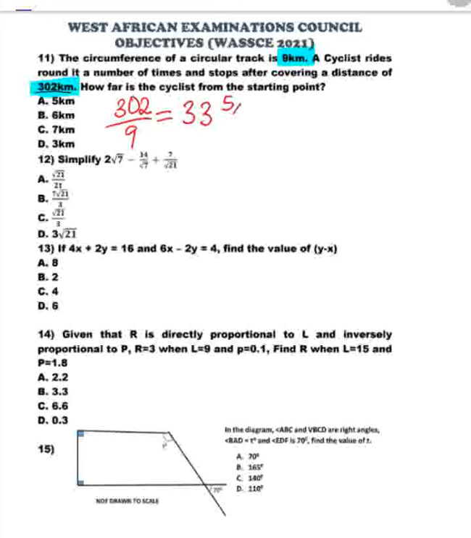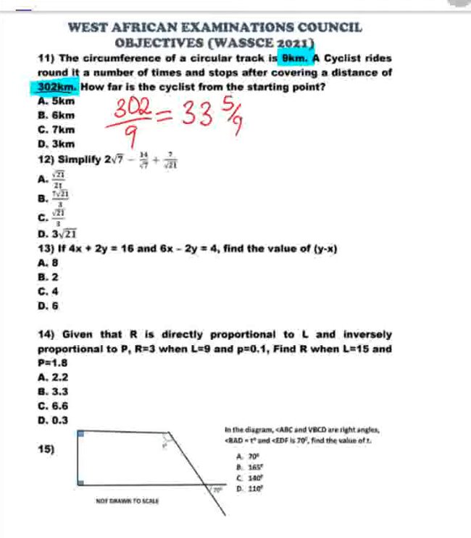All right, remainder 5. Okay, so it means at the 33 rounds, the cyclist will be at the starting point again.